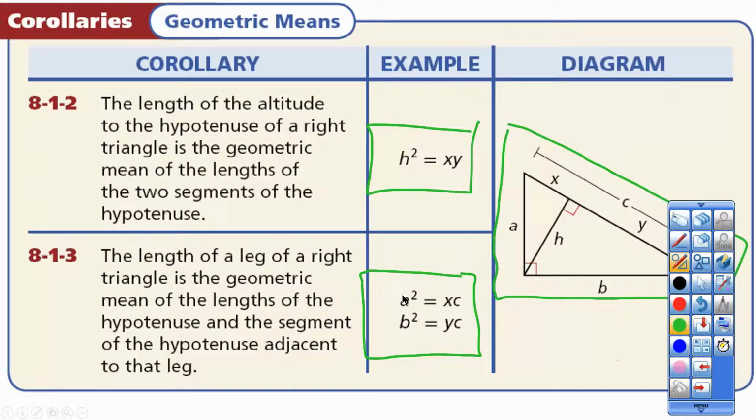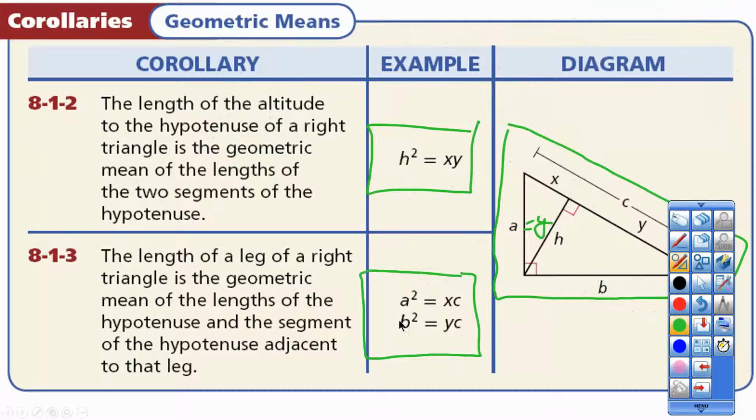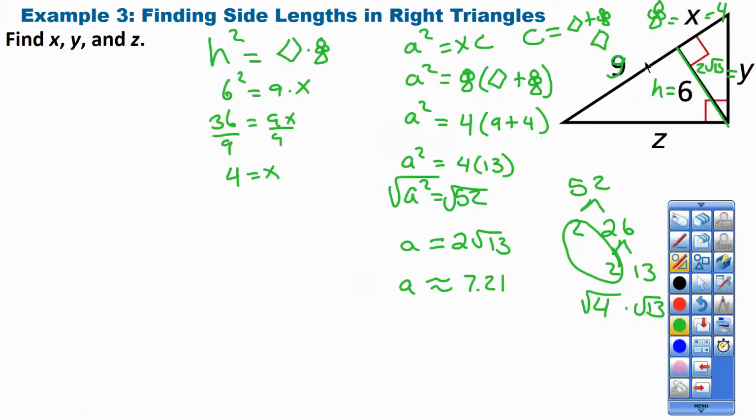And if we go back to here, A squared is going to be what they have as Y. So this is going to be equal to 2 square root of 13. Now we have Z, and our B is equal to Y times C. So B squared is equal to diamond times diamond plus club.